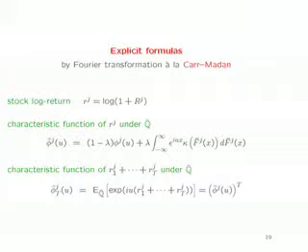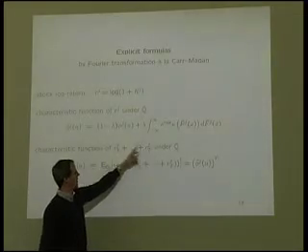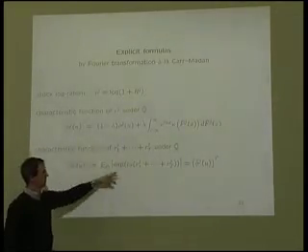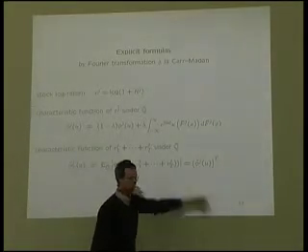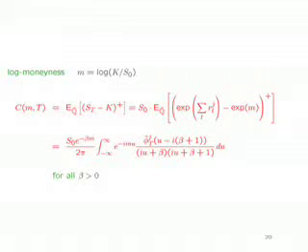It looks like this. And now I'm going to use the independence assumption over time. So the characteristic function of the sum of all these log returns is just a product of these characteristic functions up here. So it's just this thing to the t. Then I introduce the logarithm of the moneyness of the option, and I can write the option price as the expectation.